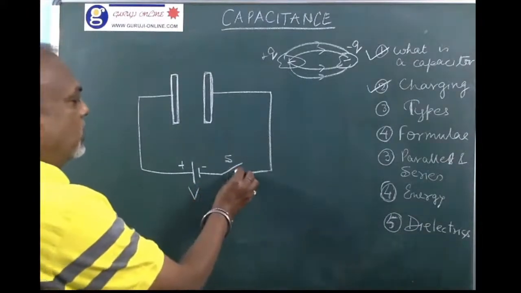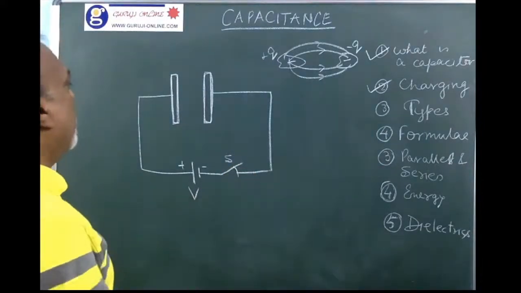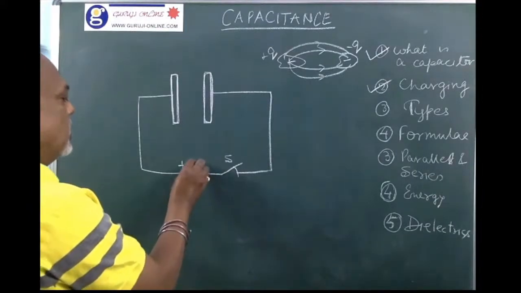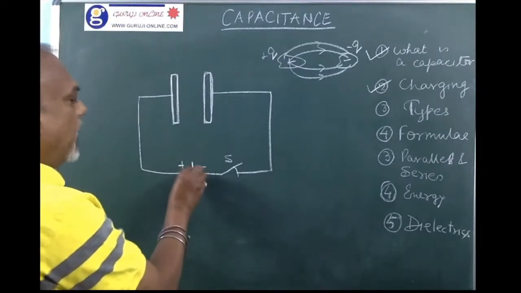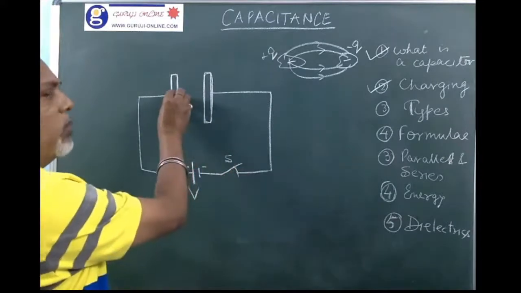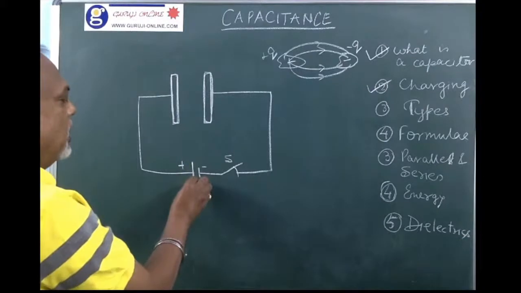Now, once you close this, what will happen? This end is at higher potential, and before closing there was no potential. So what will happen? This is a plus terminal.